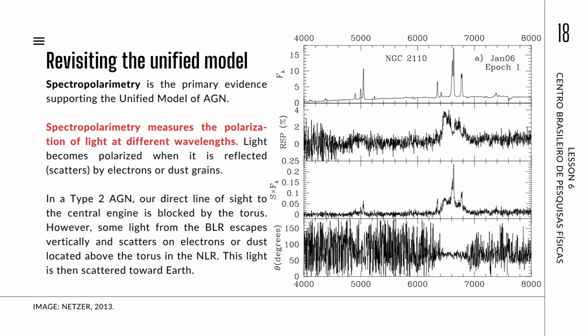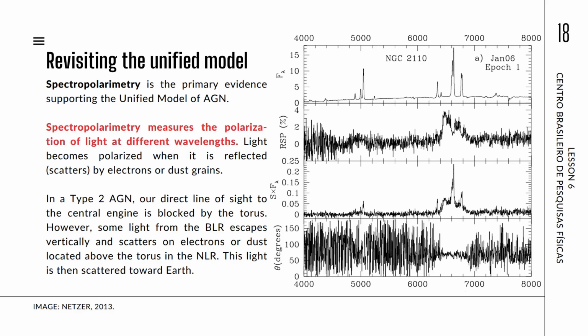And this happens because, with the polarimetry associated to the spectroscopy, I'm able to concentrate only on the light that is being scattered here. So this kind of measurement tells us that there are broad lines hidden in type 2 AGNs.